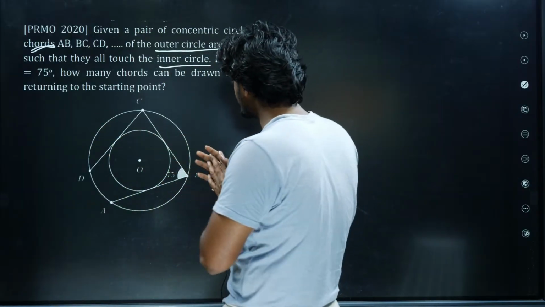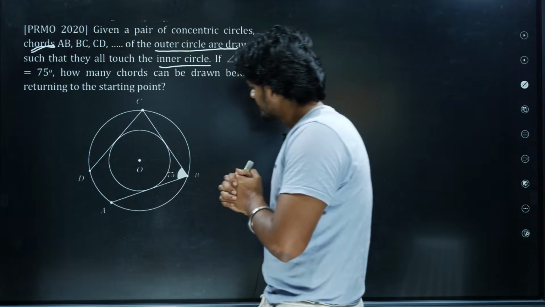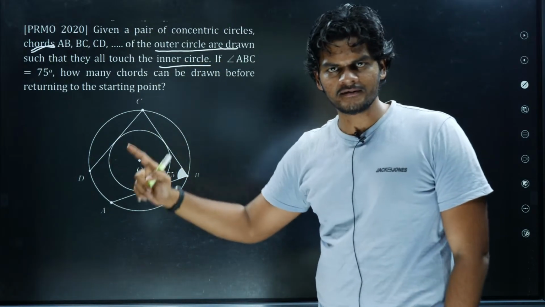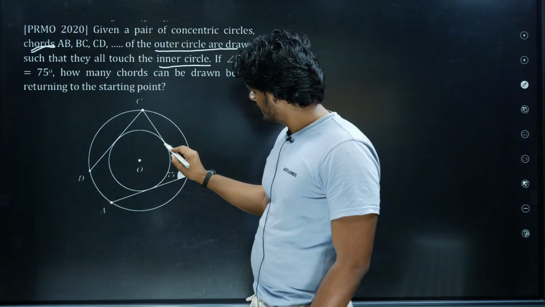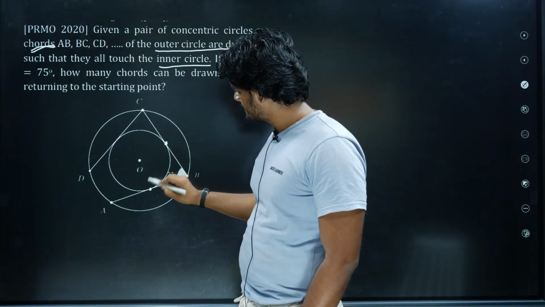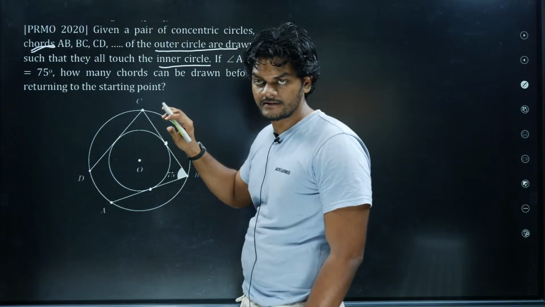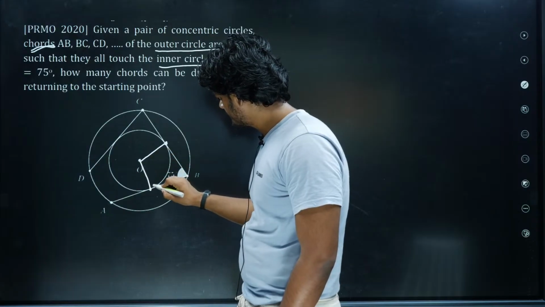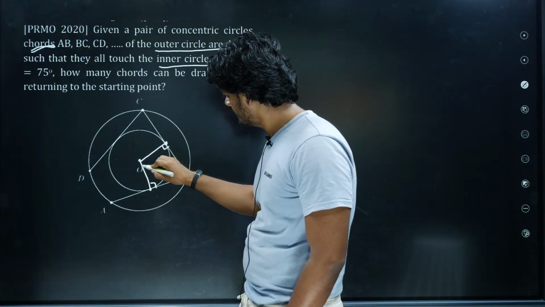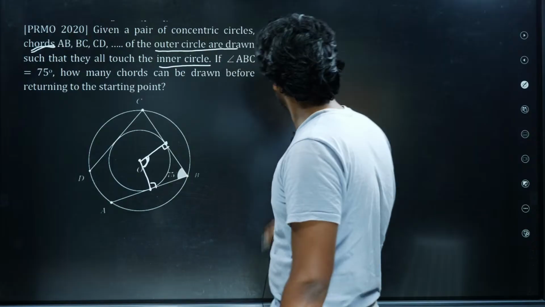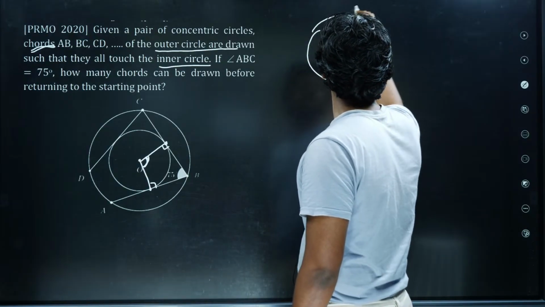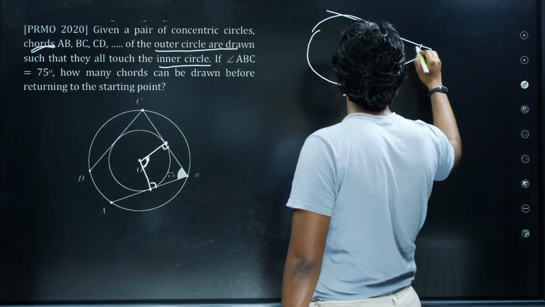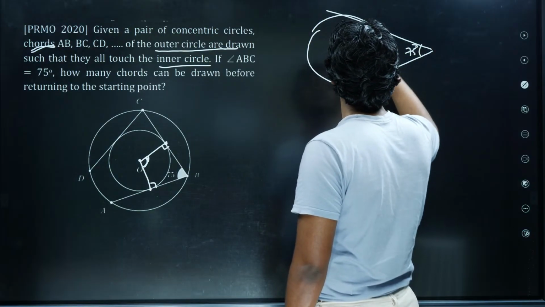Correct. So 24 is the correct answer. So the thing is, since all the chords are of the same length, when you look at the points which are touching the inside smaller circle, and you make these, since these two are 90, the inner angle happens to be, so if I have this like this, this is 75 degrees.